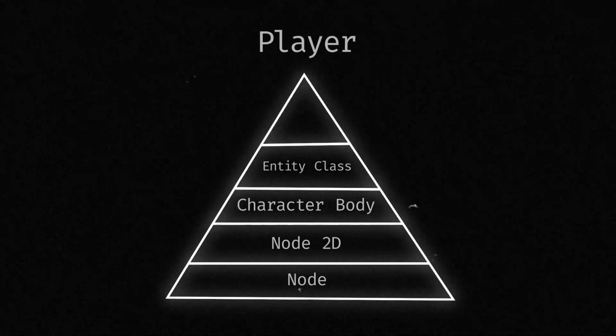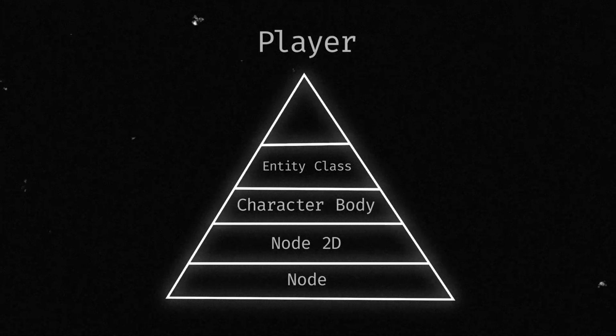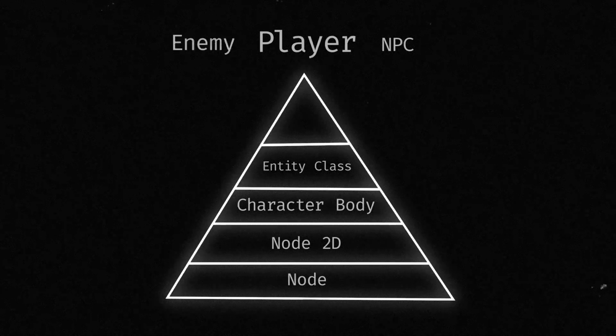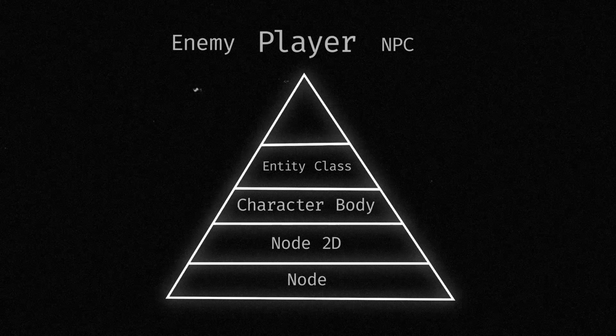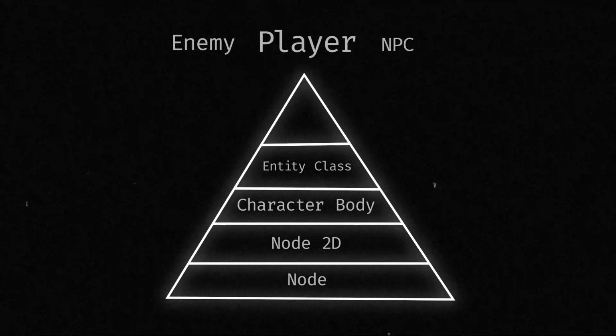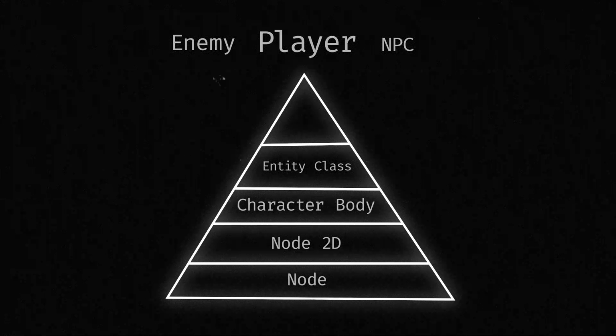For instance, if we have an entity that is an NPC or an entity that is an enemy. A lot of the methods and properties that a player contains, an NPC or enemy might also need. And so we can try to draw everything out of player and put it into entity. That way we only have to write it one time, and it can apply to players, NPCs, and enemies.